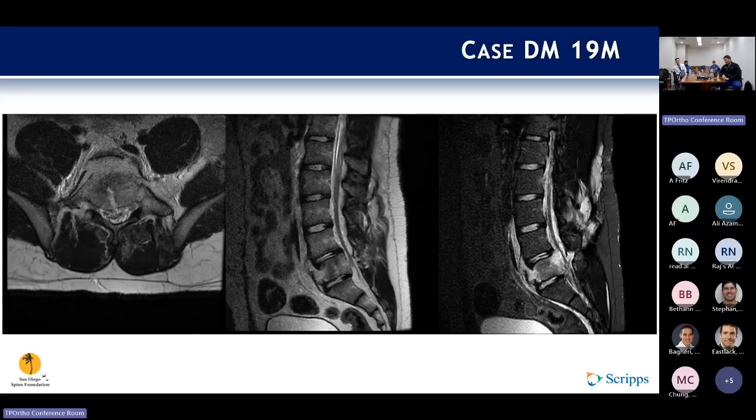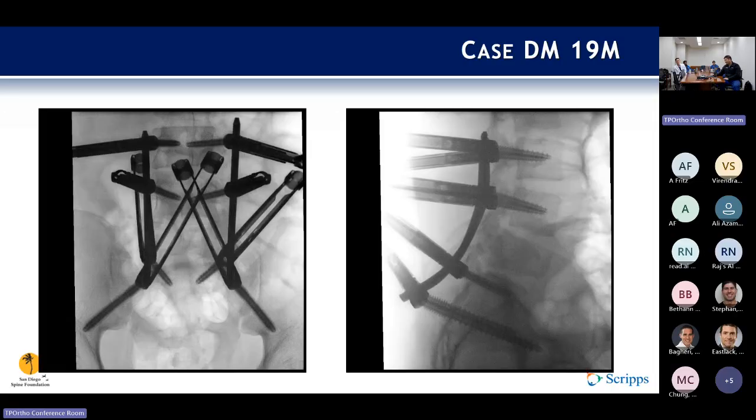MRI here demonstrates that retropulsion into the spinal canal. And then on the sagittals demonstrates that all 3 columns, the anterior, middle, and posterior columns, were all disrupted in concerns with his L5 burst fracture. So the next day, Dr. Stefan and Yusuf took this patient into the OR, and he received a L3 to pelvis percutaneous spinal instrumentation.